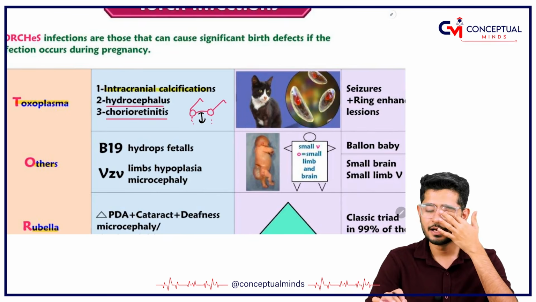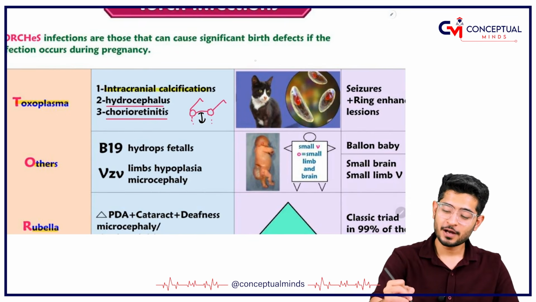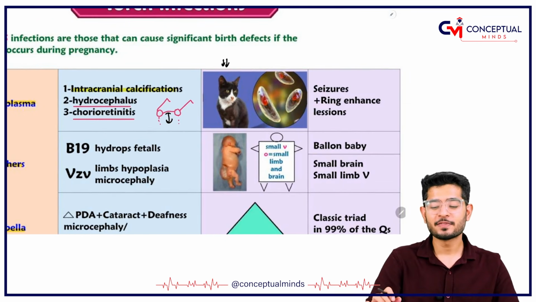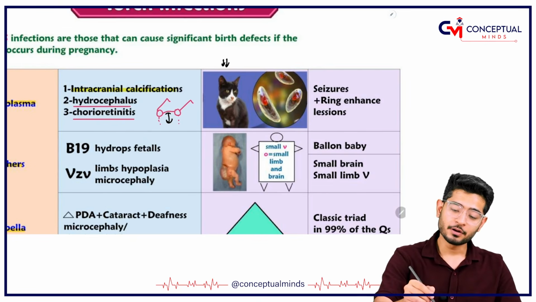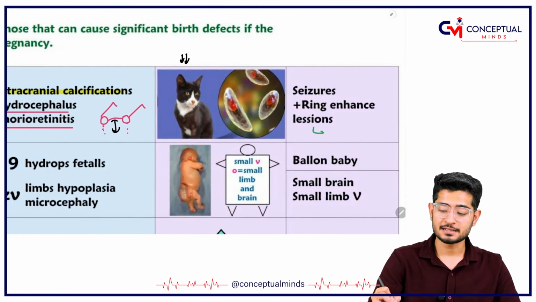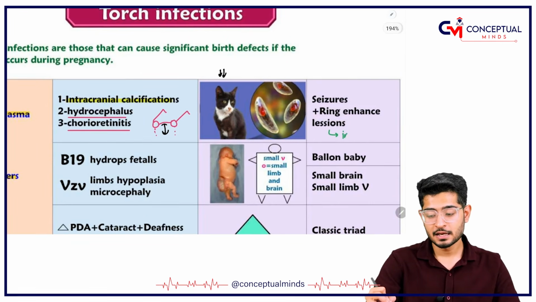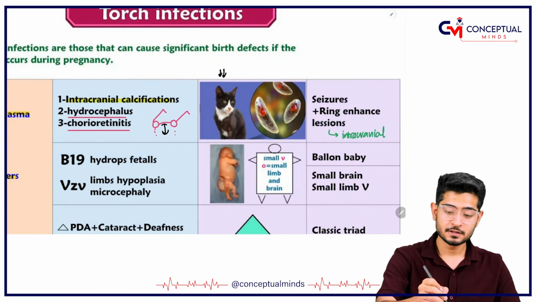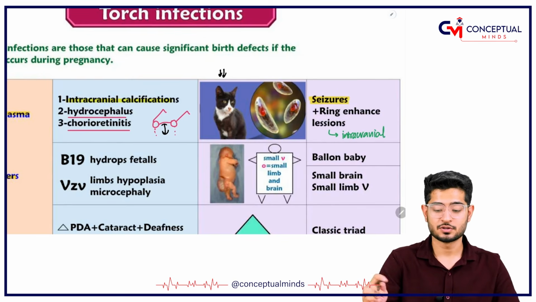This is a cute little cat which I have shown, and it is significant because cats are the cause of spread of Toxoplasma infections. Because there are intracranial lesions, you will see ring enhancing lesions, and of course the child is going to have seizures as well.